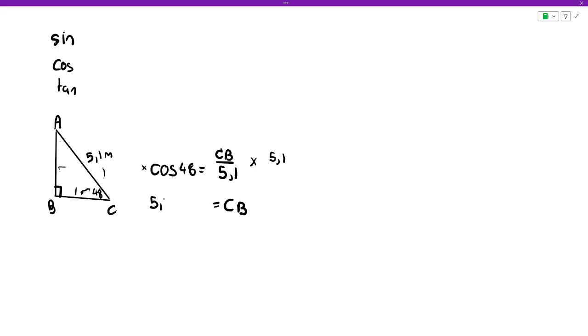So you get 5.1 cos of 48 is equal to CB. Then you just put this in your calculator, 5.1 times cos of 48, and you get 3.41, let's say 2 decimals, meters. That's CB.